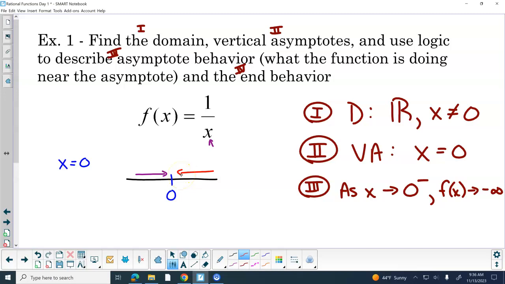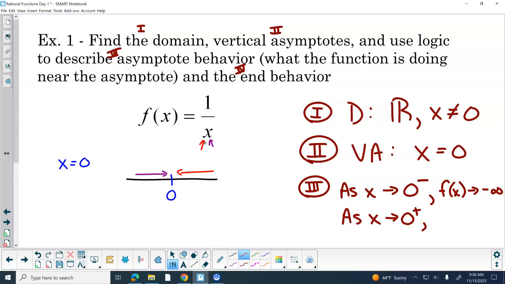So now, as I approach 0 from the right side, what is happening to my function? My x values are getting smaller and smaller, which means when I plug them into that function, what happens to the value of that fraction?